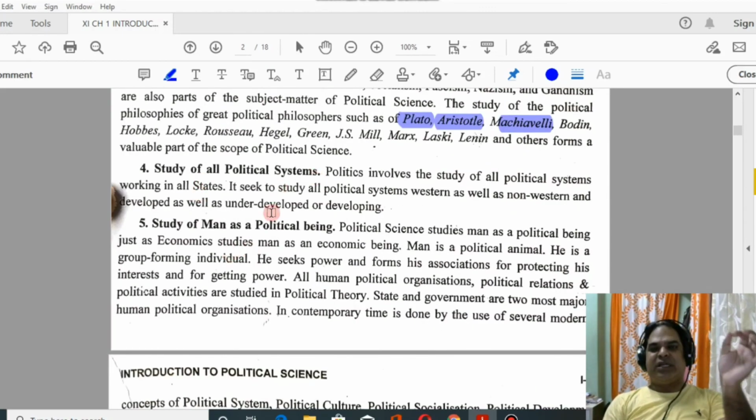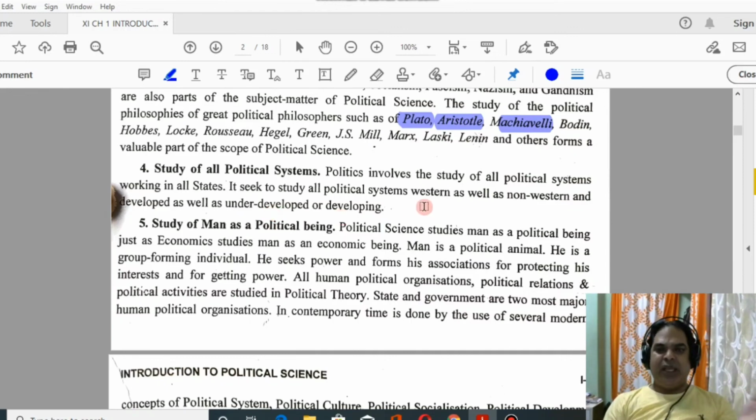If you start studying the political systems of various countries, India, China, Pakistan, and the Western as well as non-Western countries, how it is developing, and what type of political condition a developing or underdeveloped country has, all this comes under the ambit of political science.